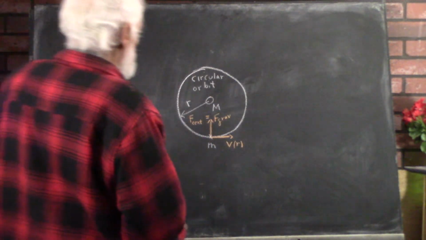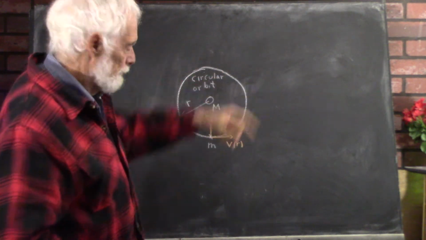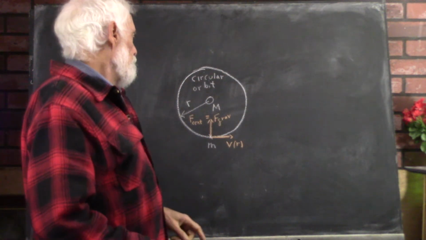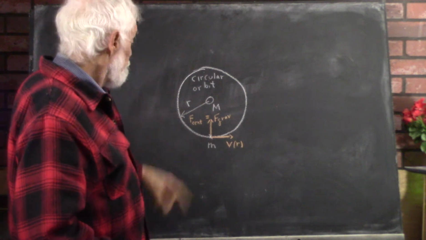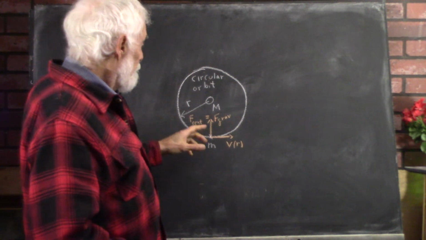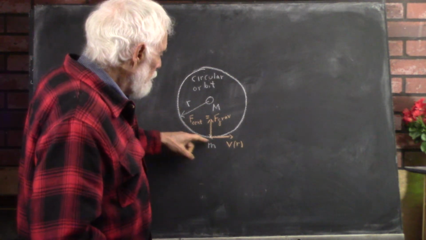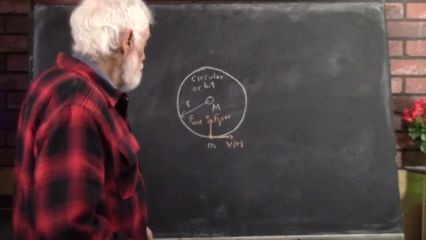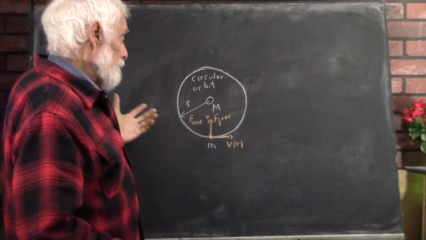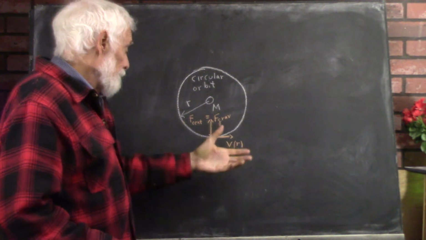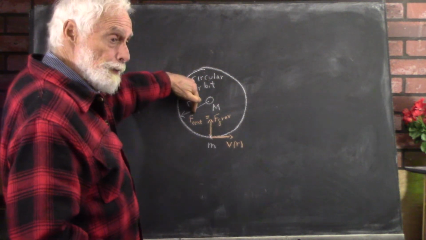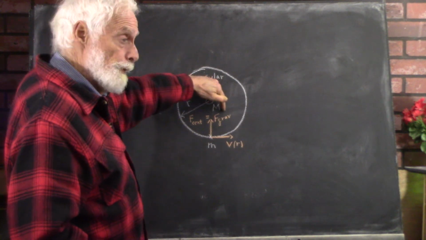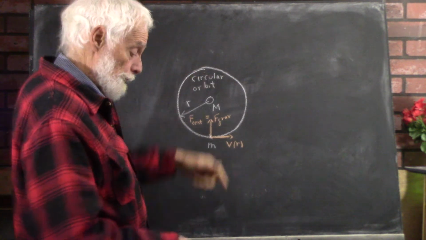Okay, if we have a planet in a circular orbit, as we've seen previously, at orbital distance r, then the velocity of that orbit is determined by the radius, by setting the expression for centripetal force equal to the expression for gravitational force.